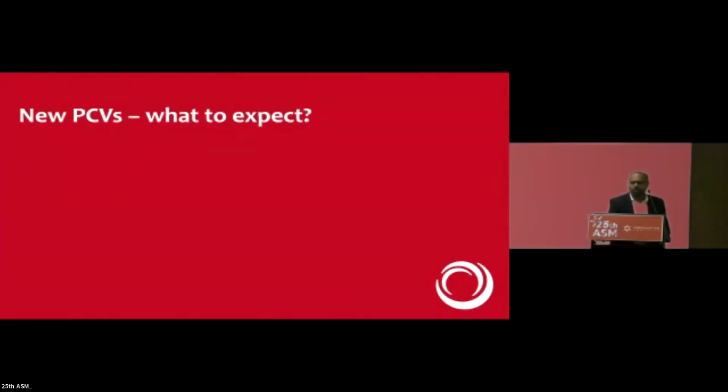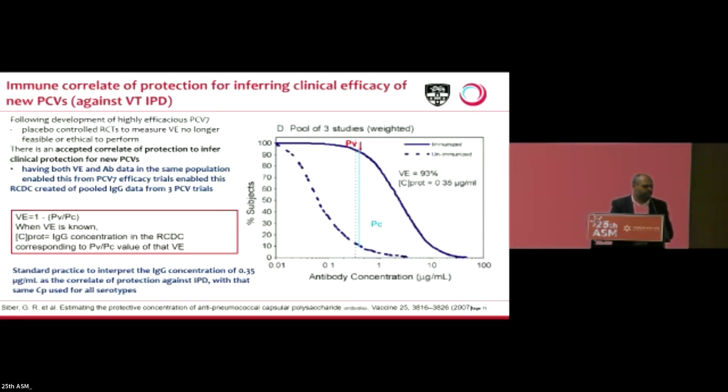So moving on to commenting a bit more about what to expect in terms of clinical protection from these new PCVs, PCV 15 and 20. So as Tony mentioned, following the development of this highly efficacious PCV7, doing placebo-controlled trials to measure clinical vaccine efficacy for new PCVs were not ethical or feasible.